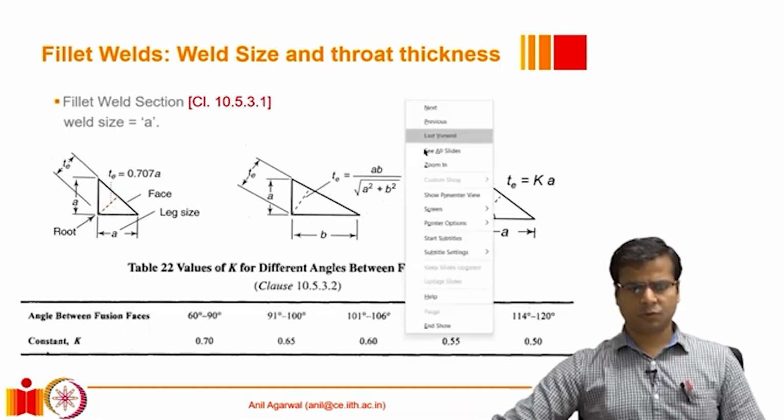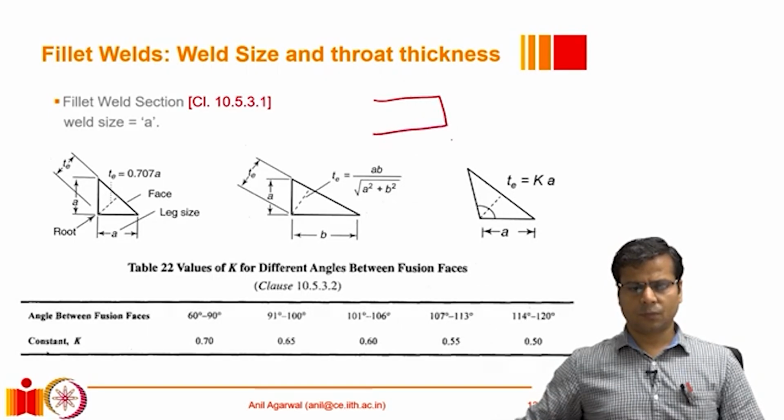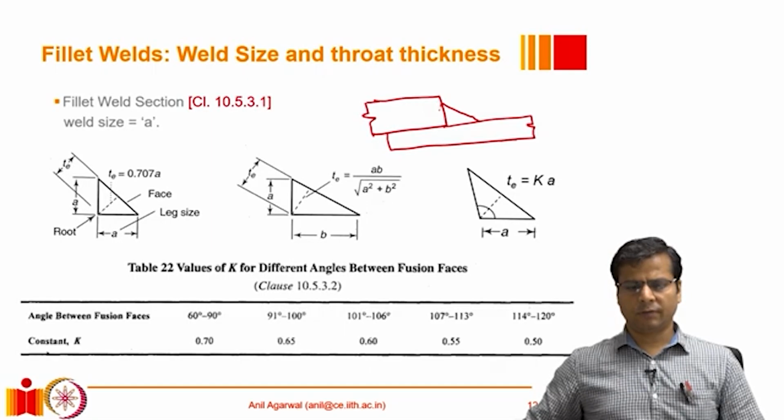Again, let me show through an example. If we are joining these two plates together through a fillet weld, even though the fillet has a geometry of a slight convex shape, we can approximate it as a triangular shape.